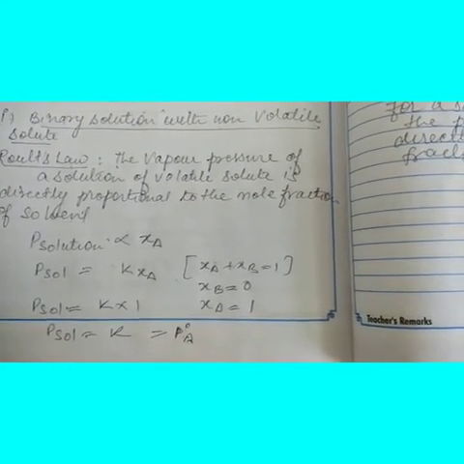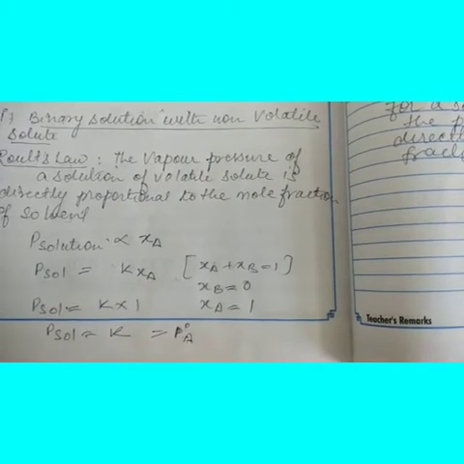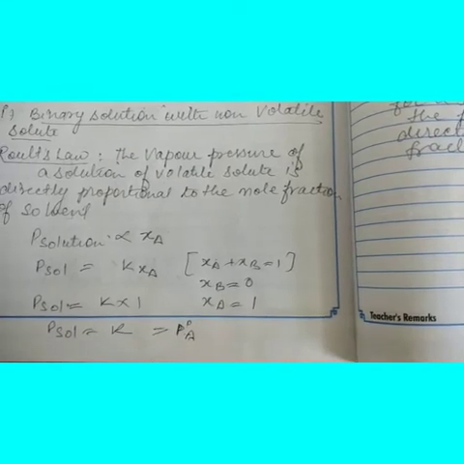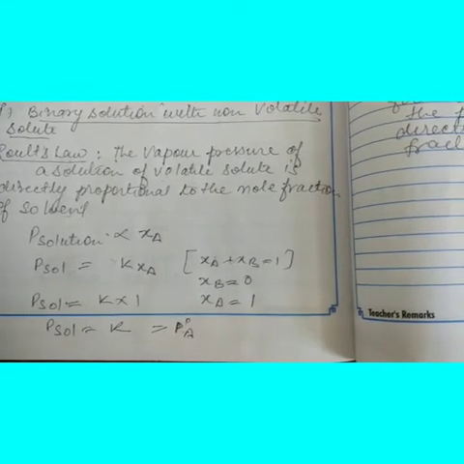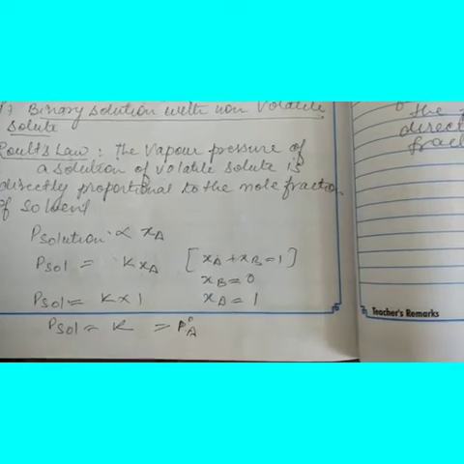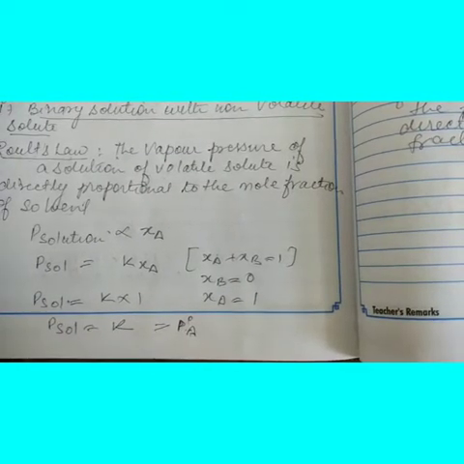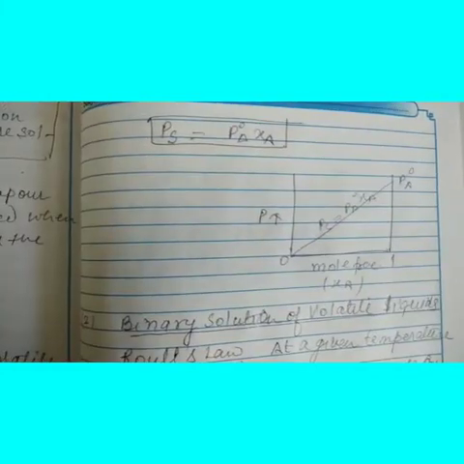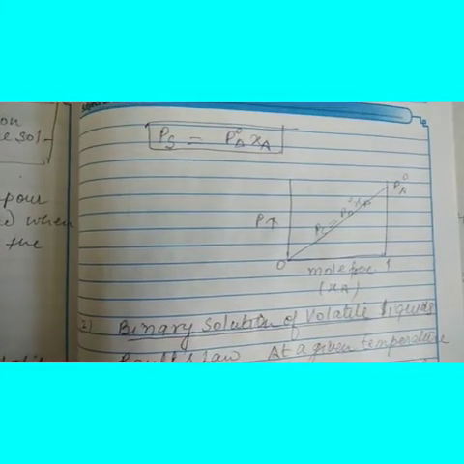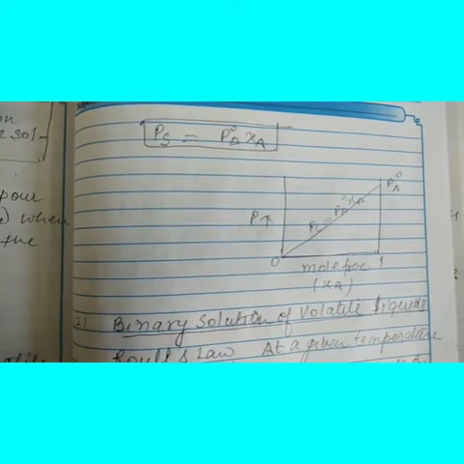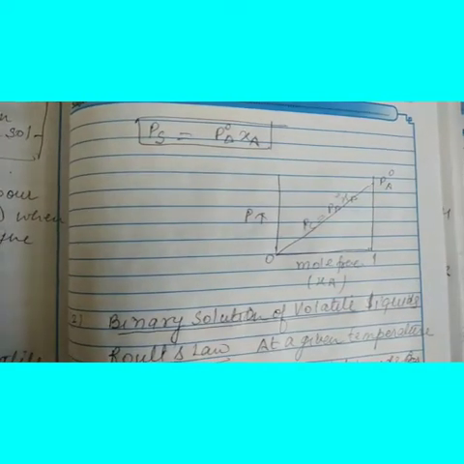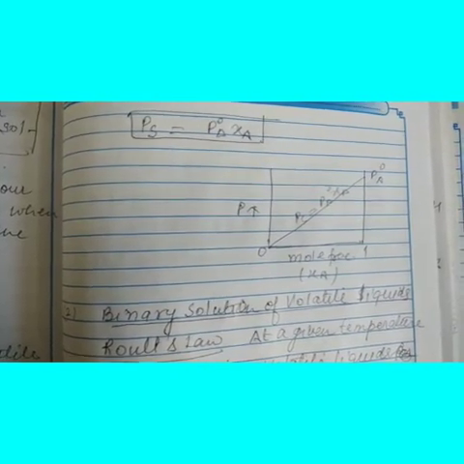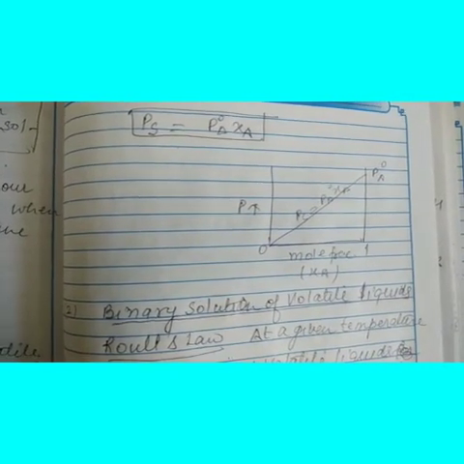So P solution is equal to K into 1, meaning P solution is equal to K, and here we take K as PA naught, the pressure of the pure solvent. The equation becomes PS is equal to PA naught XA. If we draw the graph between partial pressure and mole fraction XA, it is a straight line.